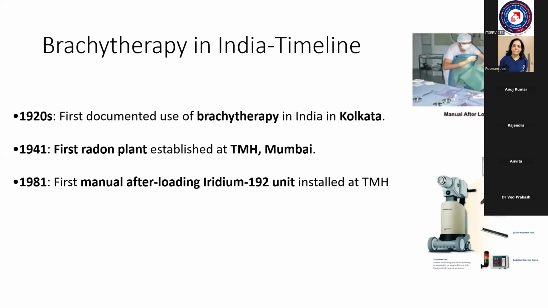Here on the right-hand side, we can see a manual afterloading machine, where the person involved in treating directly installs the sources onto the particular site where we want to treat. That is manual afterloading.